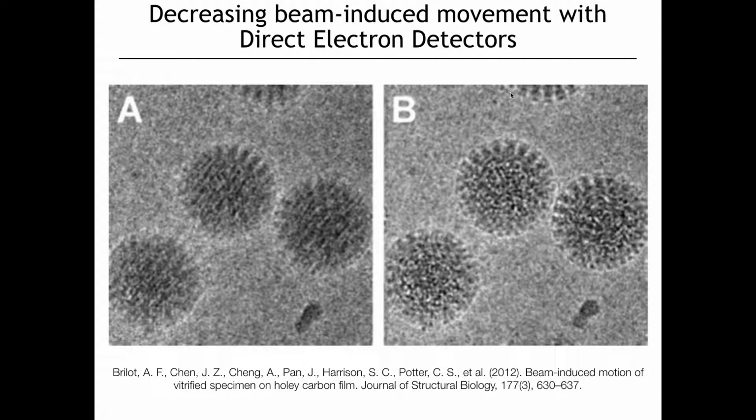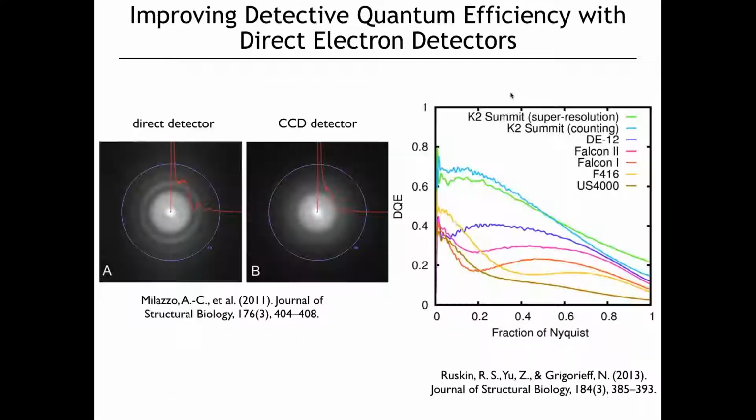This is just experimental data from Nico Grigorieff showing the real effects with rotavirus particles. You can really see that the particles are moving in this direction, whereas if you account for the movement, you can recover this information that is lost during the readout.